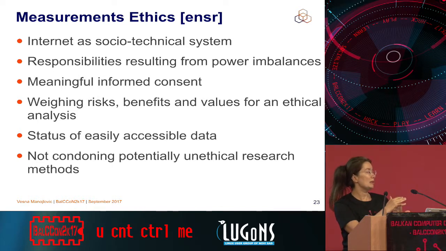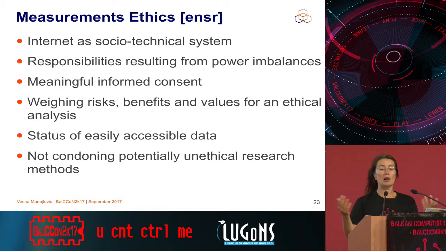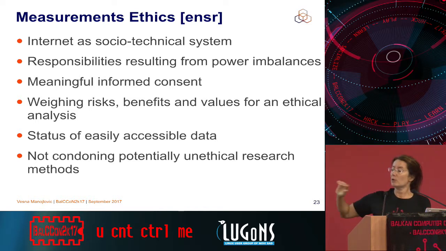So the papers that have been based on obtaining the data in an unethical way should not be accepted. So that's a kind of tricky situation when you're organizing a conference and you want a lot of presenters, or you even want some controversial papers, but you should not be accepting the work that has been collecting the data using unethical methods.